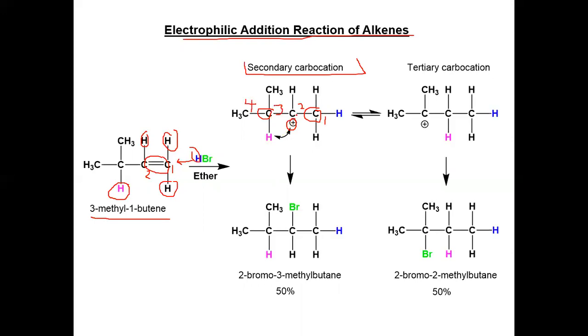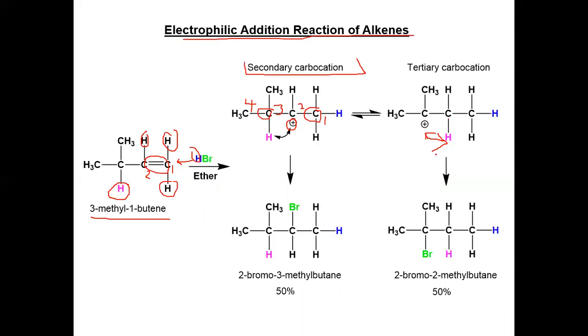Carbocation ni daripada position 2 dia nak pergi position 3. Ni kan 2 kepada 3. So 2 kepada 3 dia dah berpindah. Ni hasil dia, perpindahan charge positif kepada carbon 3, hydrogen kepada carbon 2.